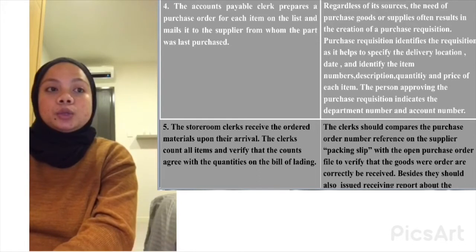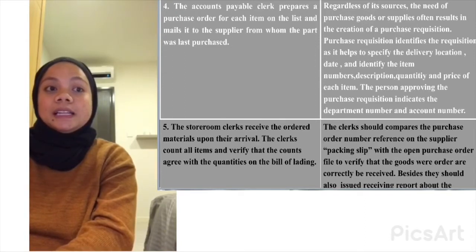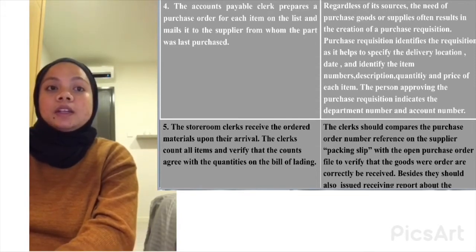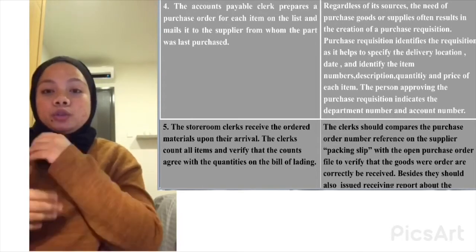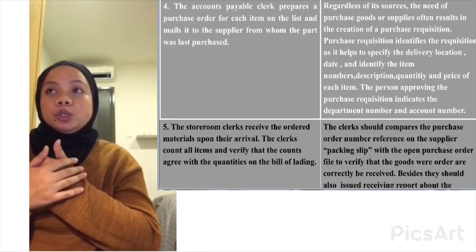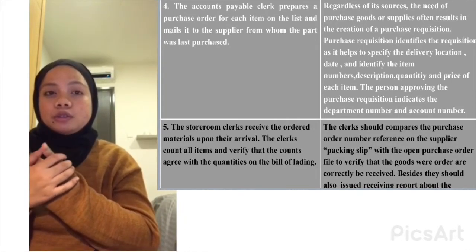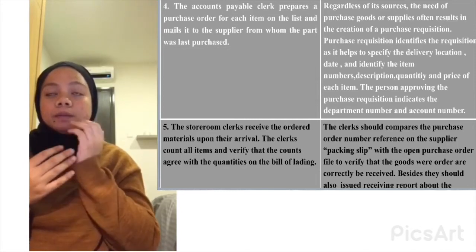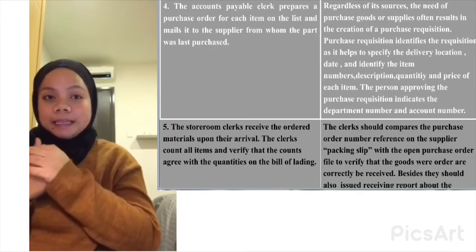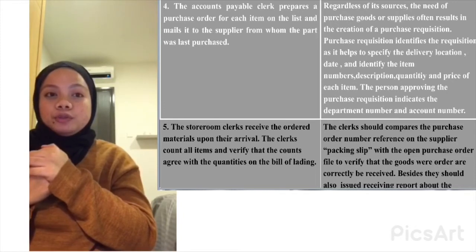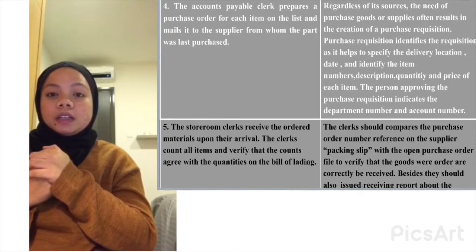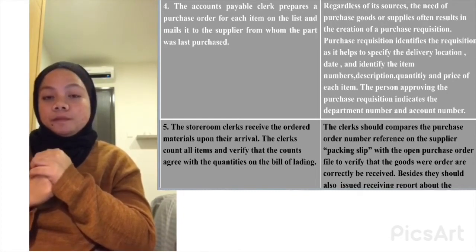In the company, the accounts payable clerk prepares a purchase order for each item on the list and mails it to the supplier from whom the part was last purchased. So, in order to improve this weakness, we should know that regardless of the source of suppliers, the need for purchased goods or supplies often results in the creation of a purchase requisition.